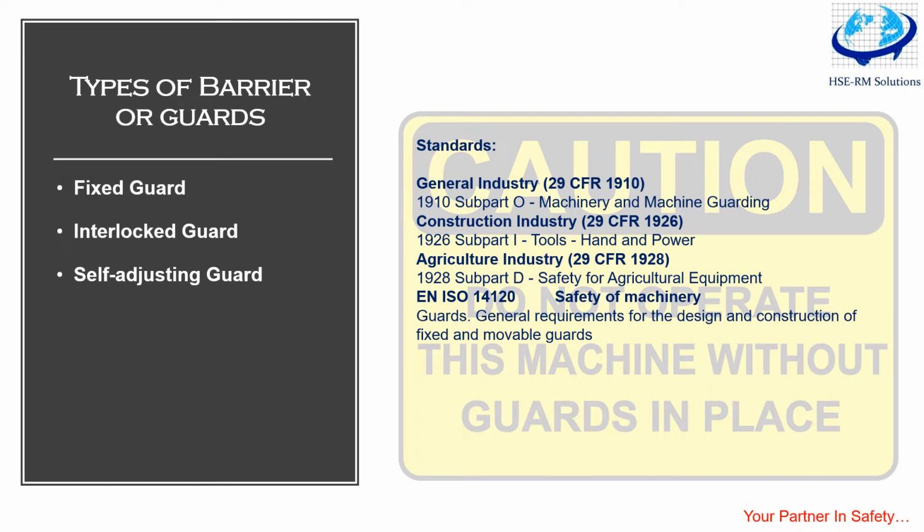For the construction industry, you can refer to 29 CFR 1926, subpart I, which talks about tools, hand and power tools. In the agriculture industry, 29 CFR 1928, subpart D, talks about safety in agriculture equipment, and you can even refer to EN ISO 14120, which talks about safety of machinery: guards, general requirements for the design and construction of fixed and movable guards. These are the standards you can refer to throughout.